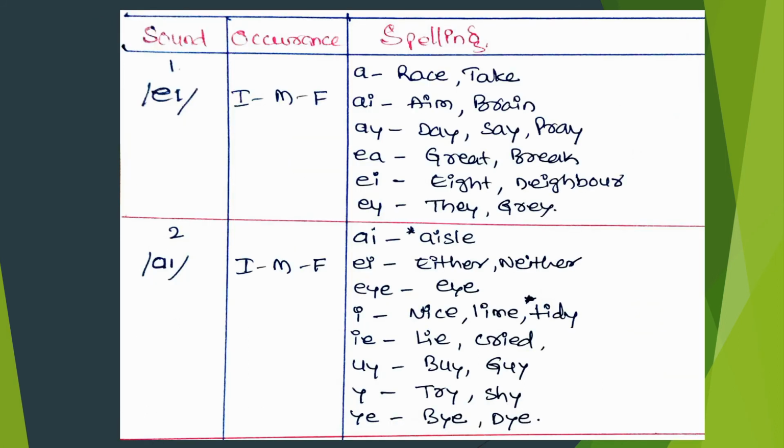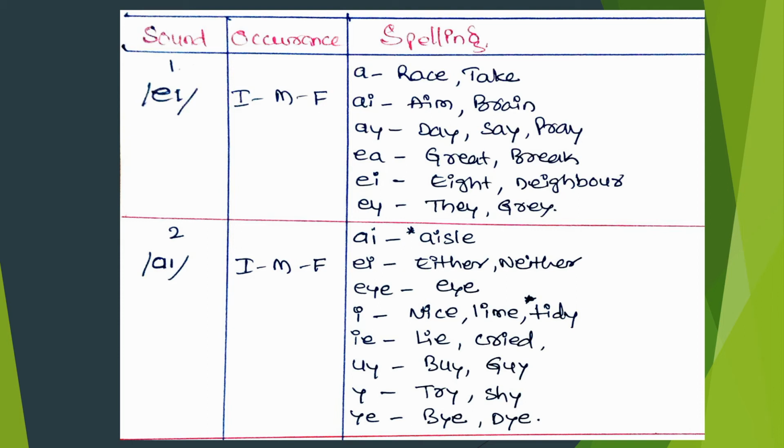Now come with the first sound from the first cluster of diphthongs gliding towards E. How many diphthongs are there which are gliding towards E? 3 are there.